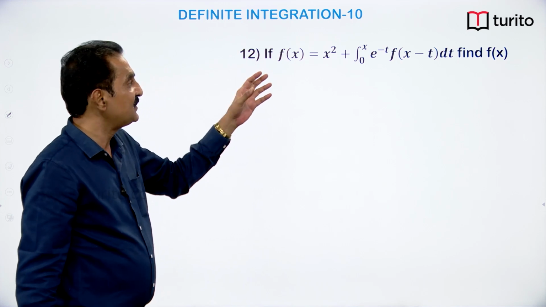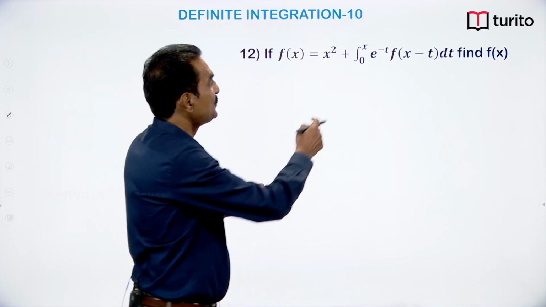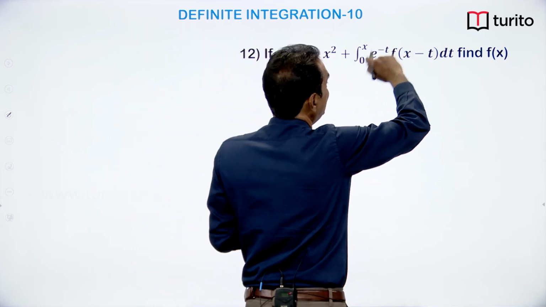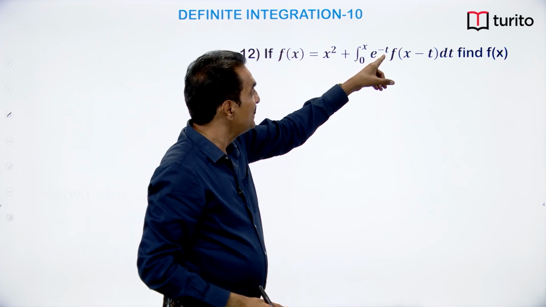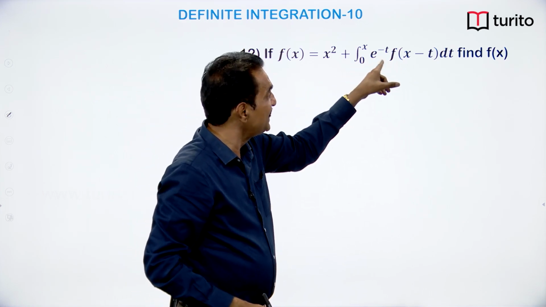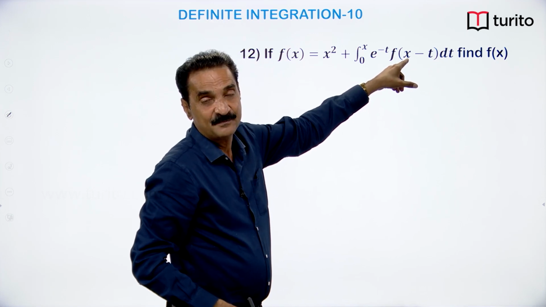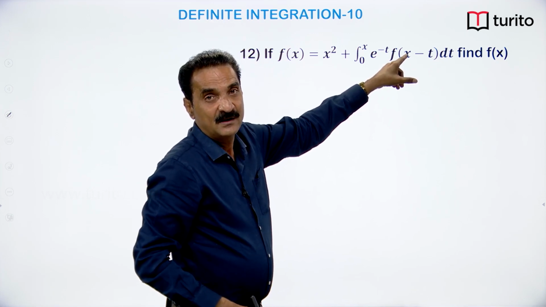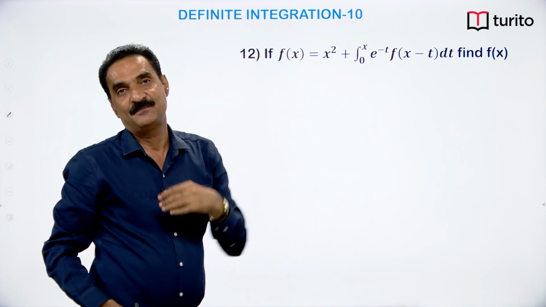Just like the previous question, we have to differentiate on both sides. But in the earlier question, this function is completely in terms of x, so we could differentiate. But here this integral is with respect to t and x is also there inside the integral. So, as long as x is there, we cannot differentiate directly.